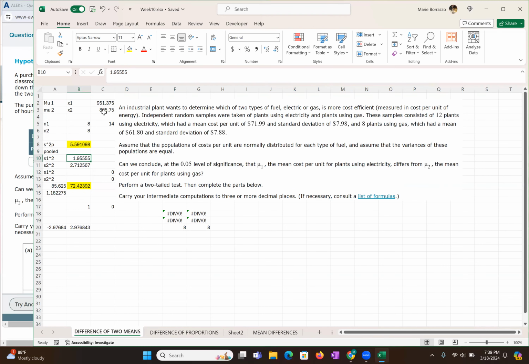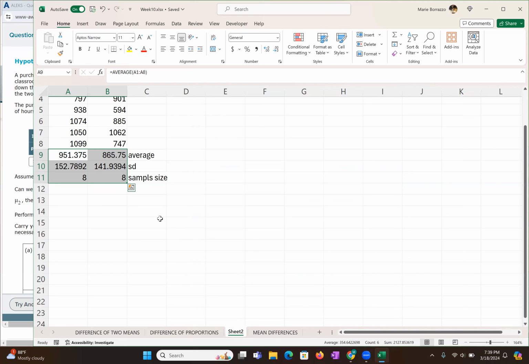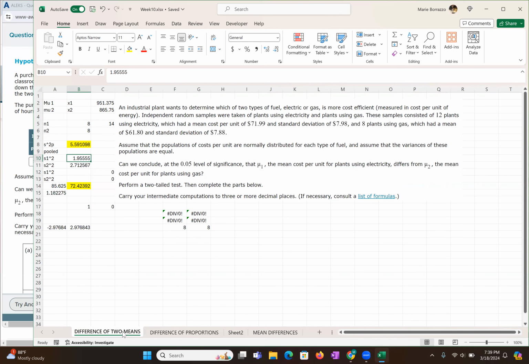The standard deviations, however, this has to be put in. This is 152.79 if we want. Let's do 152.789.